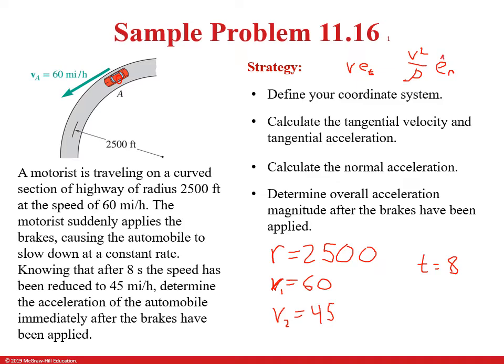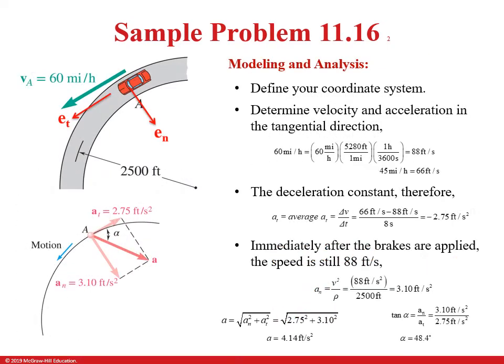So it's not a lot of components. With using these two, we should be able to solve it. So let's go to the next slide and see if that's how they do it.